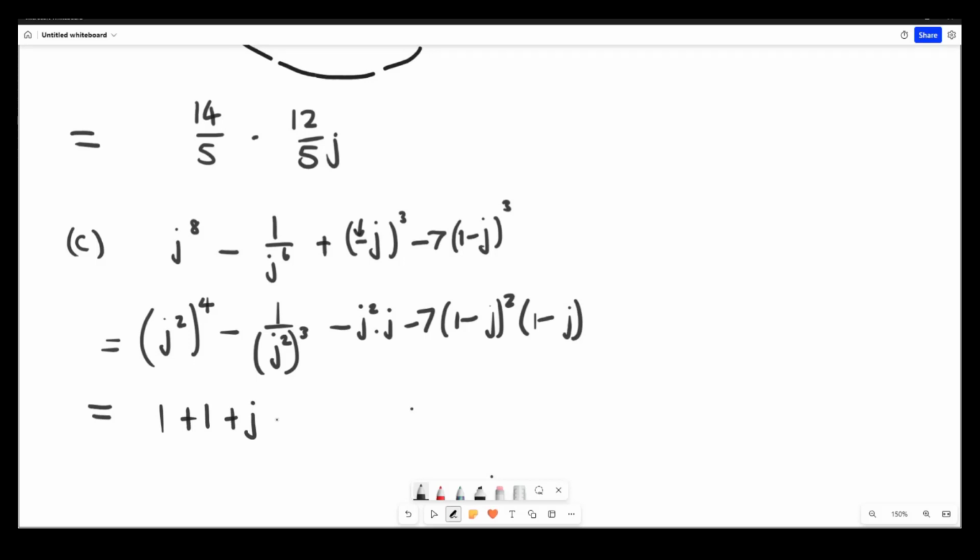And then all you have to do is keep that 7 outside and just multiply this one out by itself 2 times, right? Already we can see 1 squared is 1. Remember, we do this only when the exponent is 2. 1 times 1, that's 1. Minus 2 times 1 times j, so 2 times 1 times minus j is minus 2j.